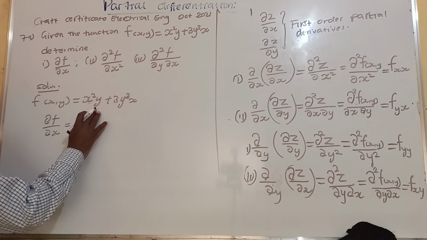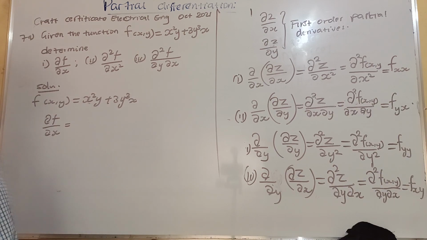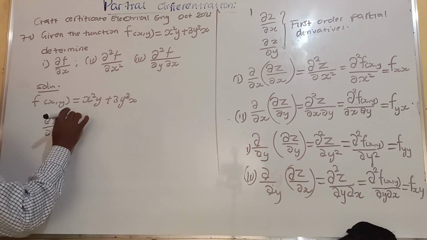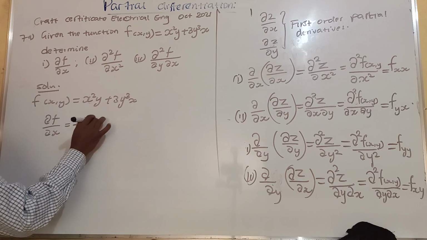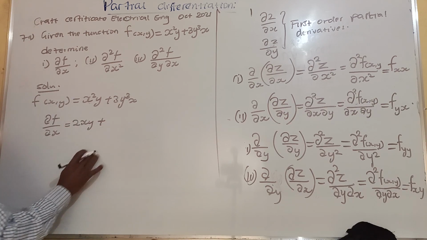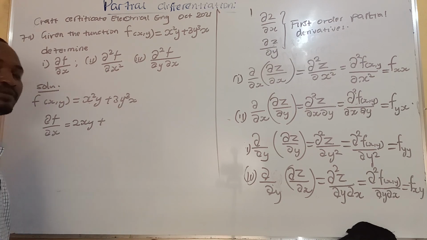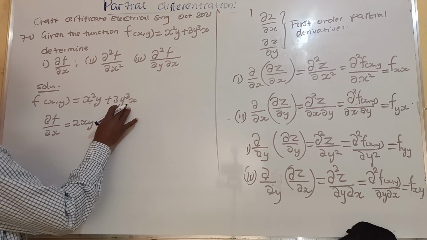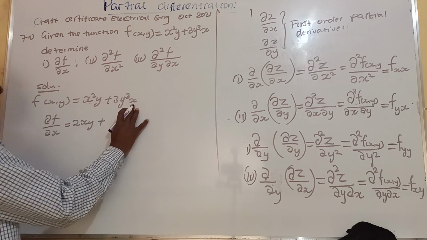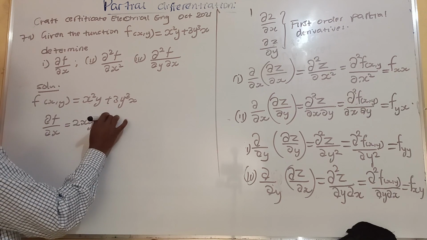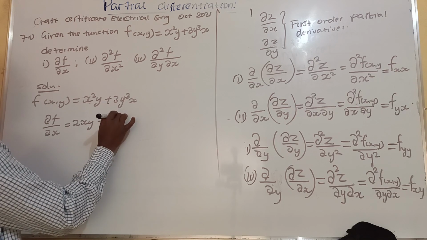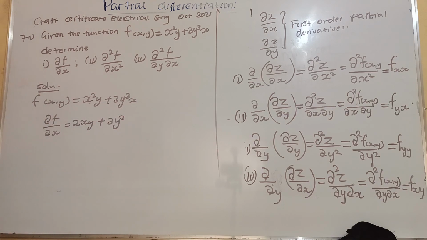We treat y as a constant, just like a number like 2, 10. So if you differentiate this one, it will give us 2xy plus, here we are considering x as a variable. So 3y cubed is a constant. If you differentiate x with respect to x, it will disappear, so you have 3y cubed.